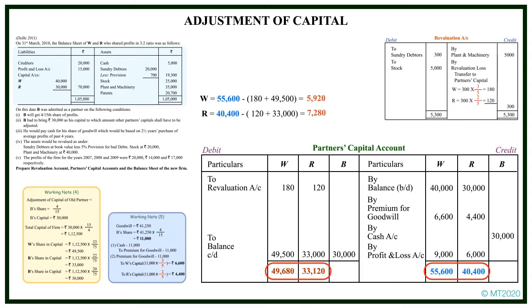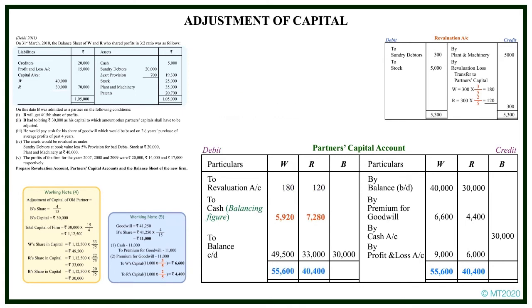Thus, this amount is the extra capital of W and R which is lying in the business. So W and R would be withdrawing this amount from the business. If they withdraw this amount, then their capital gets debited and the posting is done to cash. So these figures are balancing figures which got calculated when we were closing our partners' capital accounts.